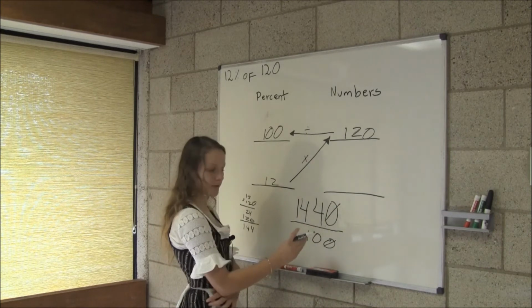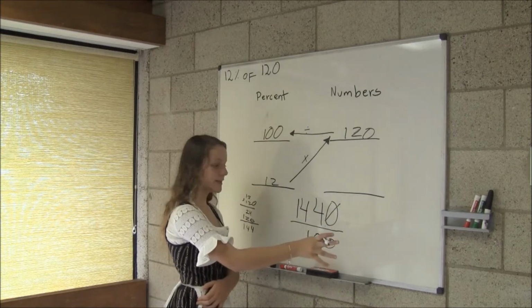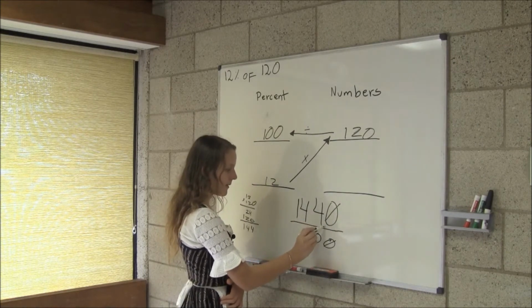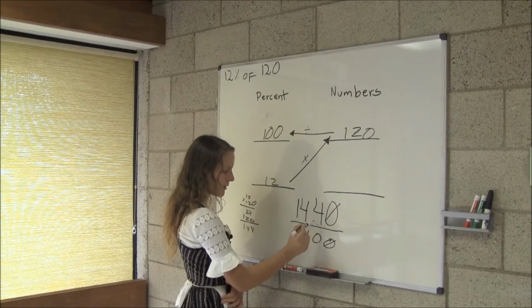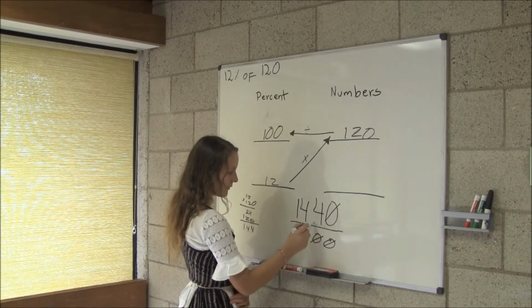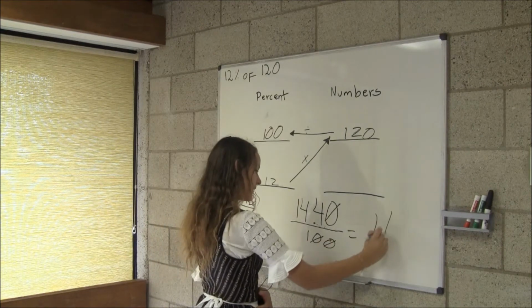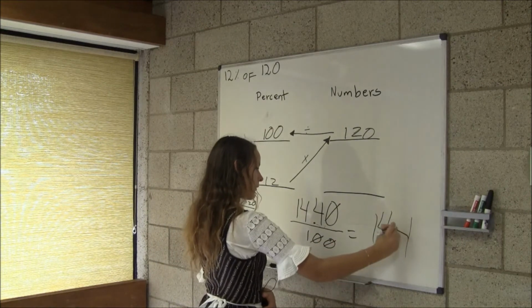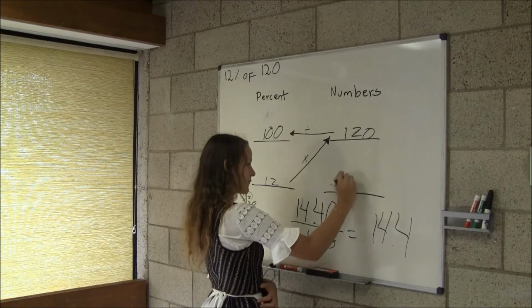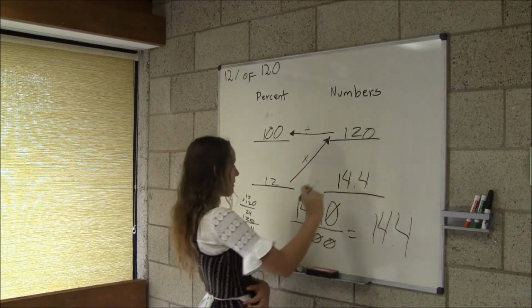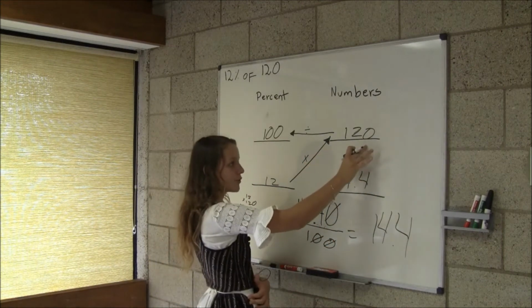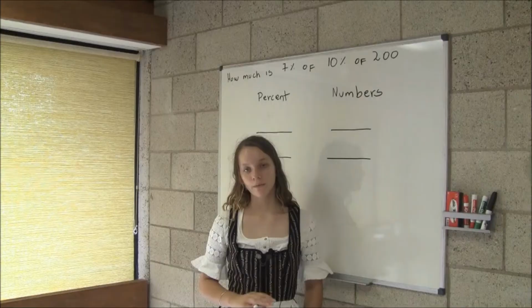We currently have a decimal here, representing that there is no decimal currently, but now we have to move it to make a decimal. And now we've made a decimal, so our answer is 14.4. So that means 12% of 120 is 14.4.